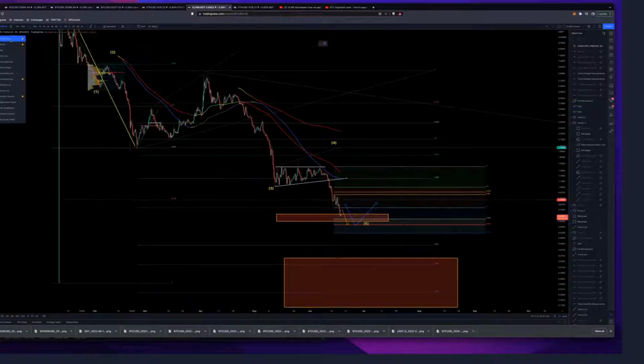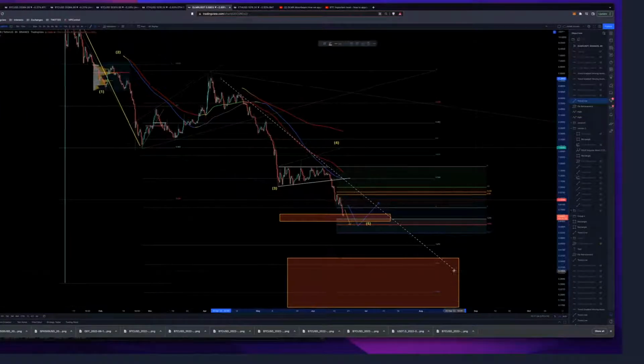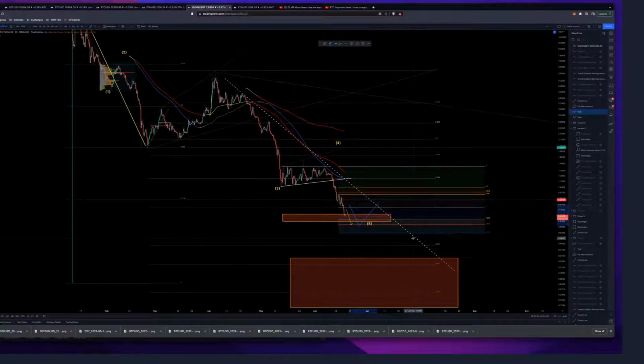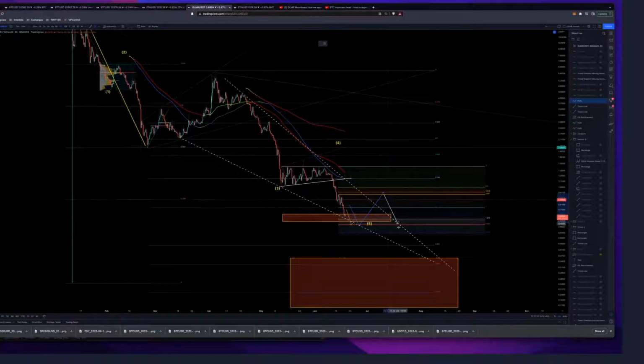However, with Glimmer, we have that trend line, and I do see this coming down further. So the alts are going to still get hammered, beaten down, and I'm just trying to get an idea of what this means. We can have this as well, potentially. We can break out of it, a bit of a fake out, and then back down.